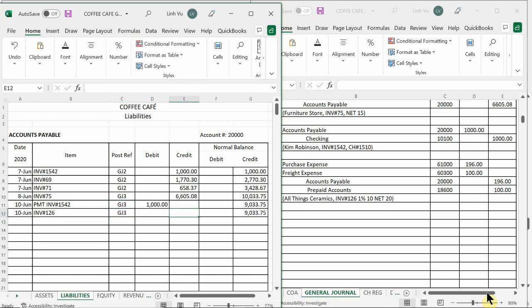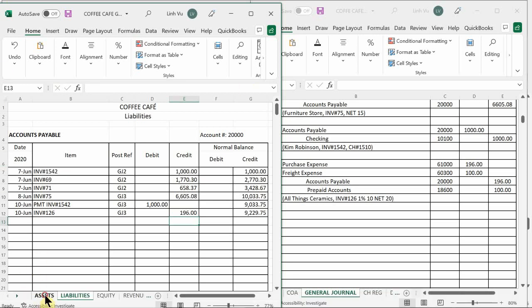Here I acknowledge that I owe an additional $196, so that should increase my account from 9,033 to $9,229. So I increased it by $196.